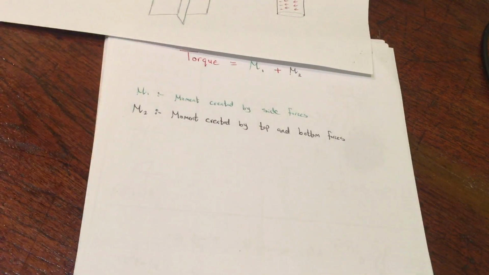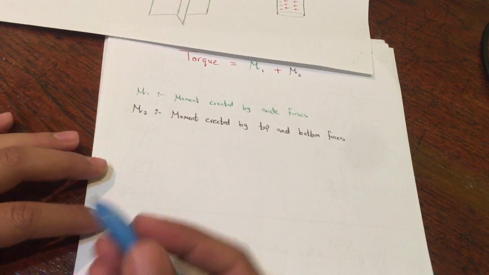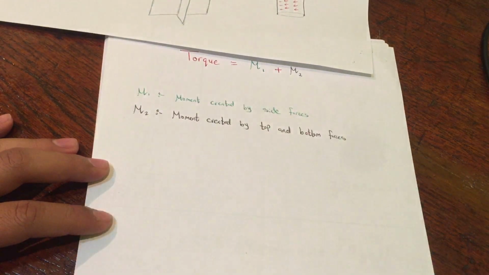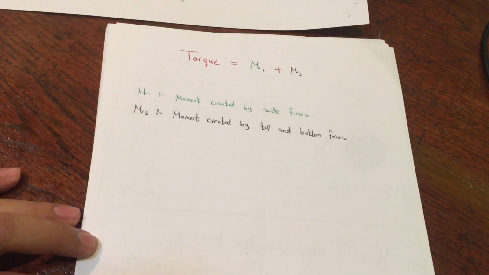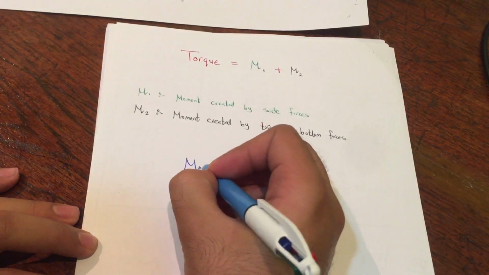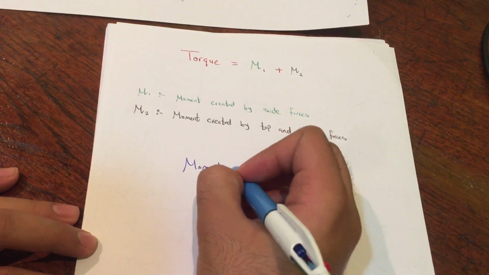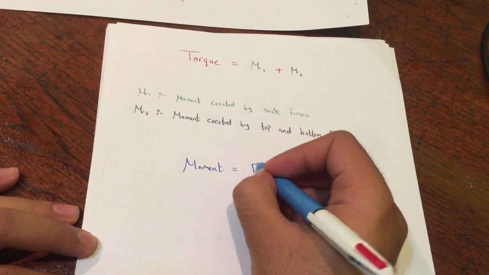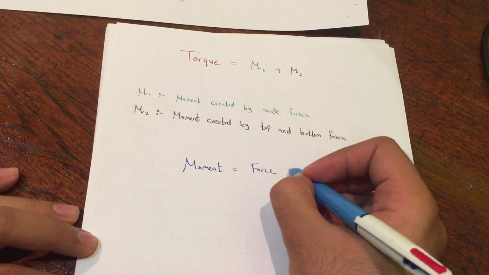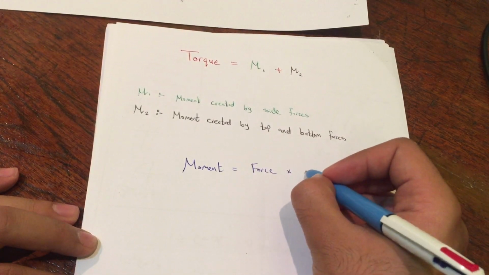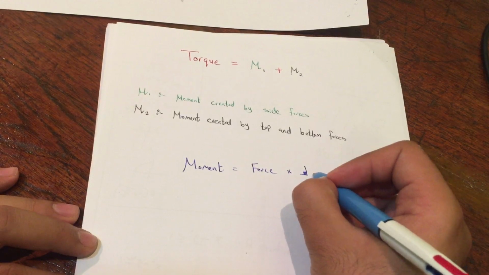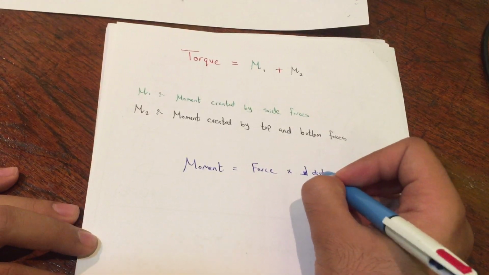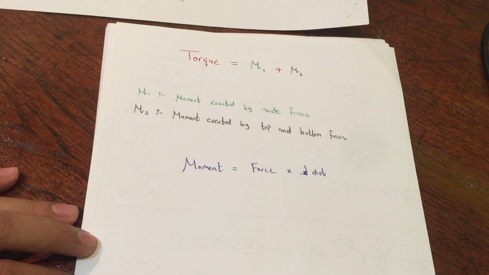Before starting with the first moment, moment 1, let me take it in general. As we know, any moment is equal to the force times the perpendicular distance.